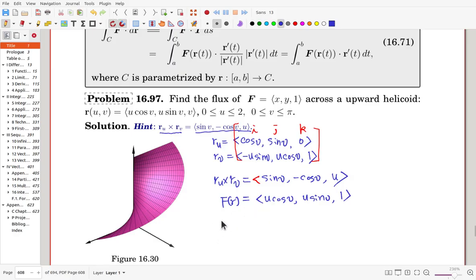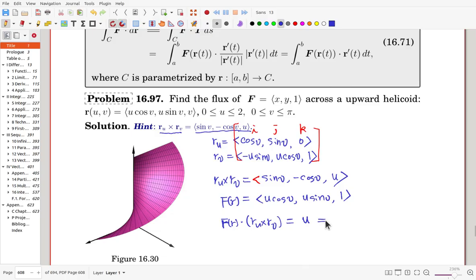Now, if you try to get F of r dot product with r sub u cross r sub v, this product will be u sine v cosine v, and there is a minus u sine v cosine v. It cancels out, and we'll have only u.